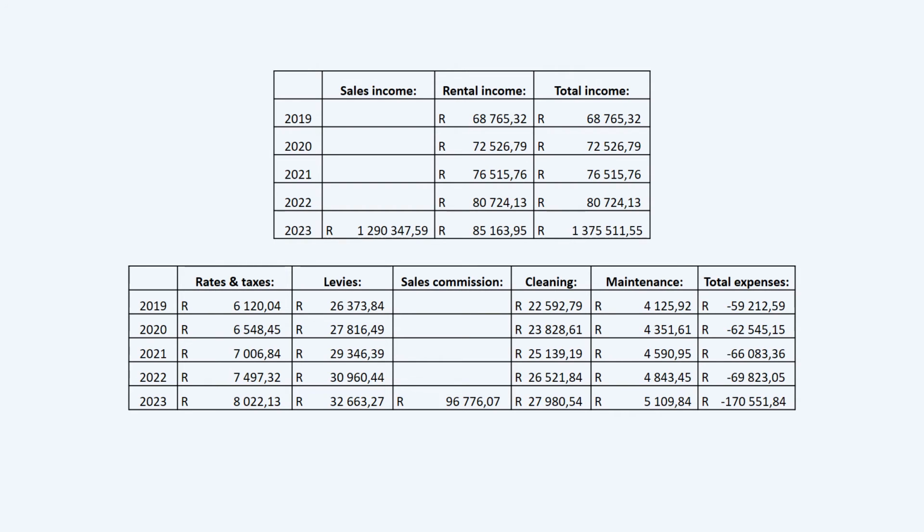The rates and taxes and levies were also calculated as in the previous option, and the maintenance was also a percentage of the rental income. The cleaning cost I calculated using the minimum wage, and this gives the total expenses.